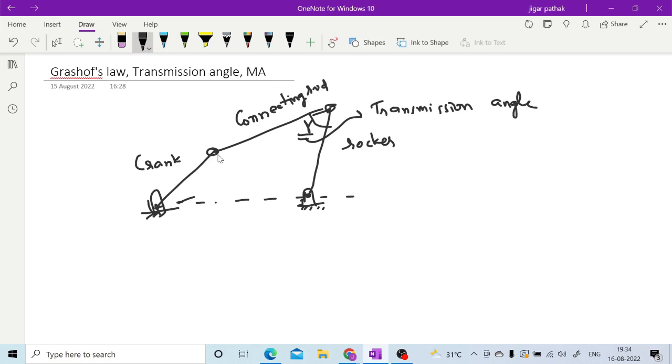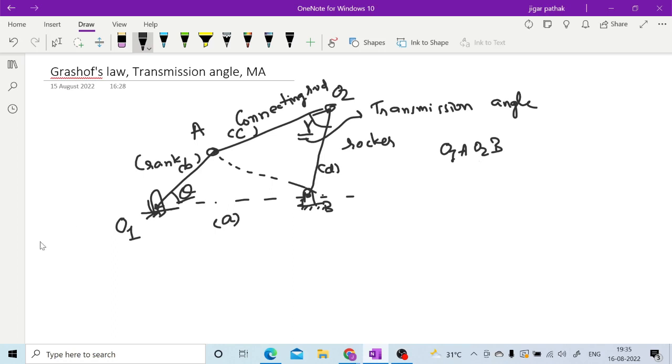Now for the optimum value of this transmission angle, you can take this angle as theta, that one as gamma, and the link lengths as A, B, C and D. Let us say the link lengths are given as A, B, C and D. Now consider this diagonal, that particular distance, as AB, and call the full mechanism O1A, O2B.